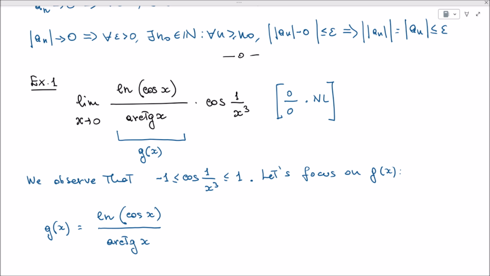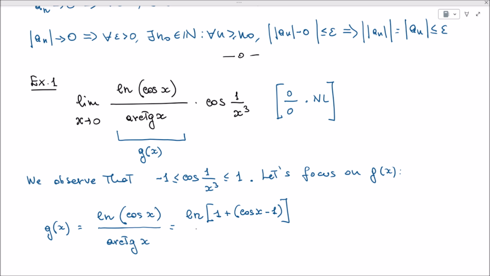And we know that this gives the indeterminate form 0 over 0. But we can rewrite this as follows. We can rewrite the logarithm, instead of writing cosine of x, we just use one of the tricks that we have introduced in previous lectures, and we know that this can be written as 1 plus cosine of x minus 1.